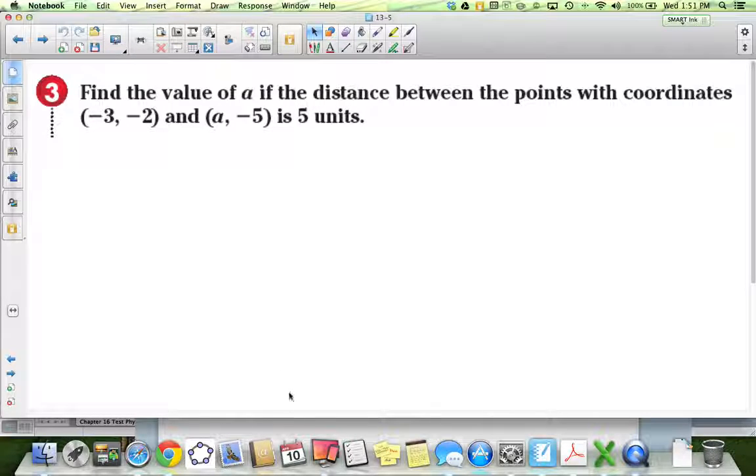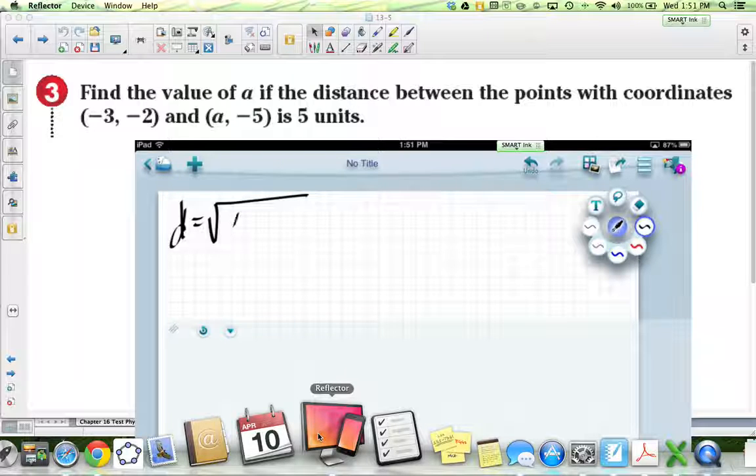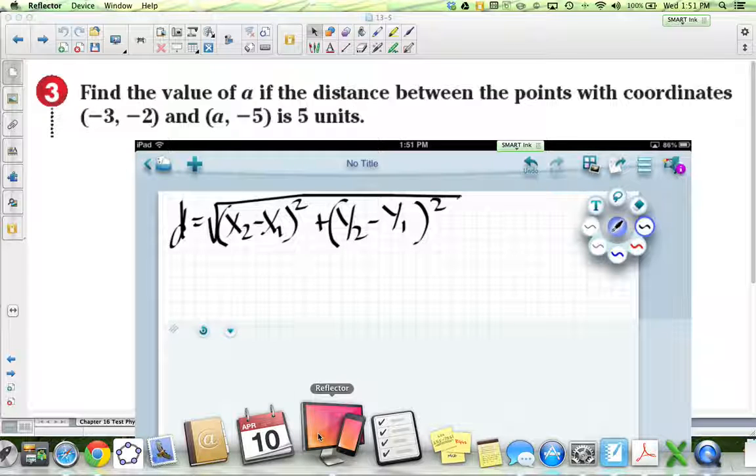First things first, write down the formula for distance. The distance formula again is equal to the square root of x2 minus x1 squared plus y2 minus y1 squared. Does it matter how you label x1, y1, x2, y2?